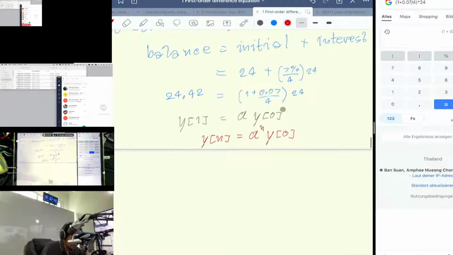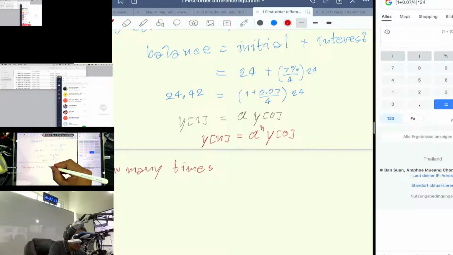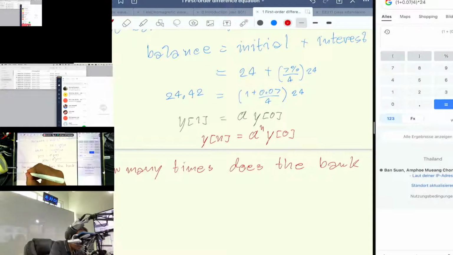So how many times does the bank calculate the balance?